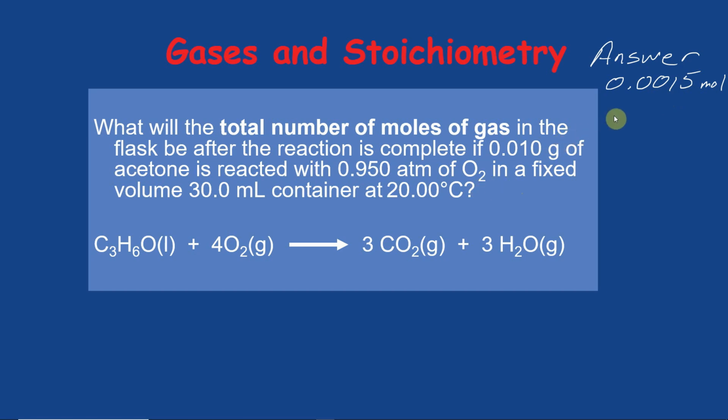Now, if you didn't get that, know that there are a couple of tricks with this problem. First of all, you need to figure out what the limiting reagent is, because you have amounts of both of the starting materials.